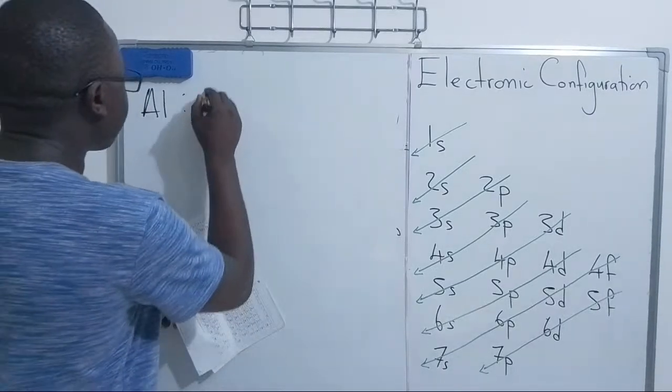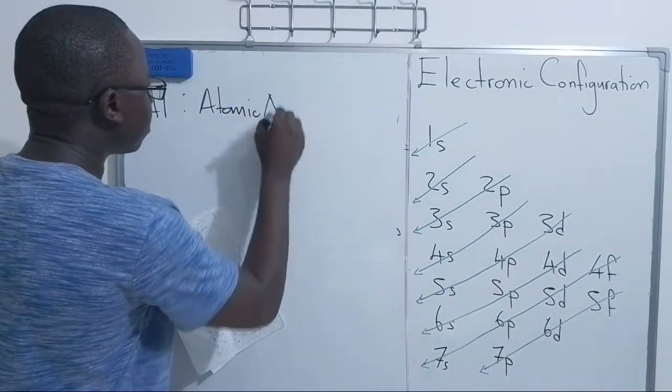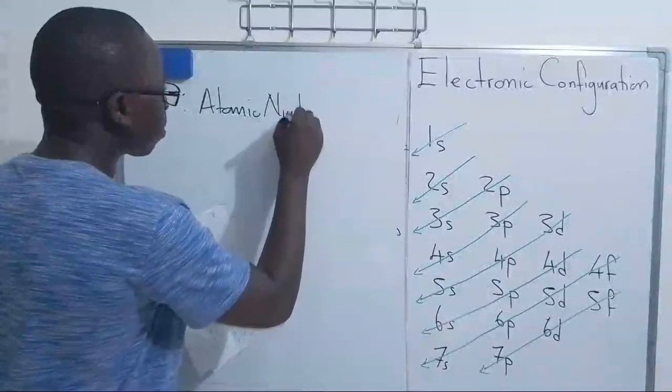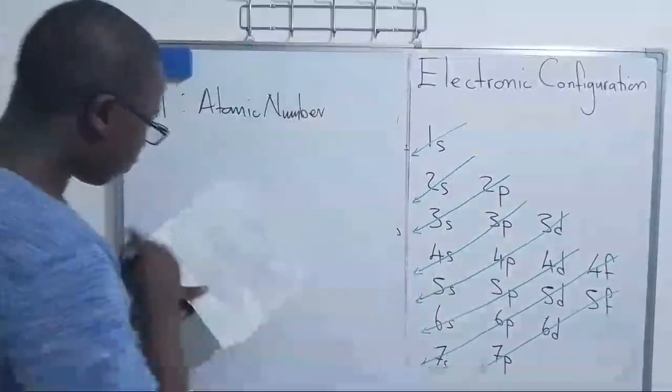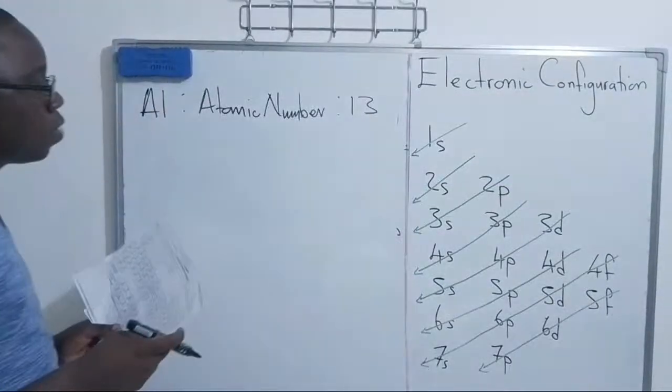So the atomic number of aluminium is 13.